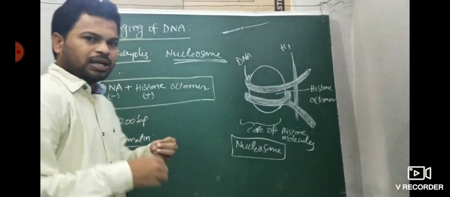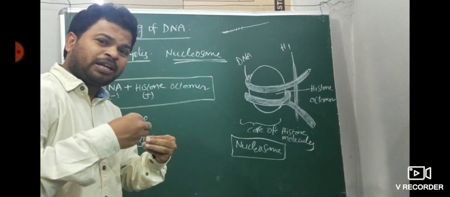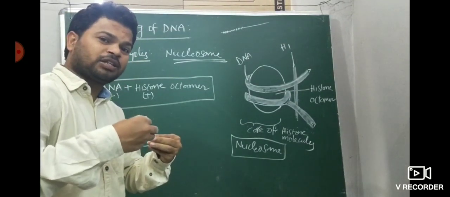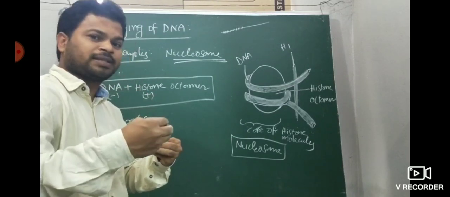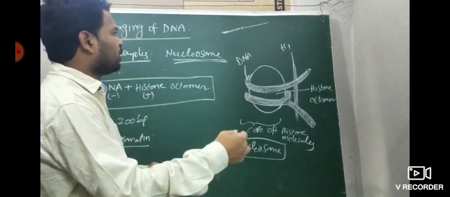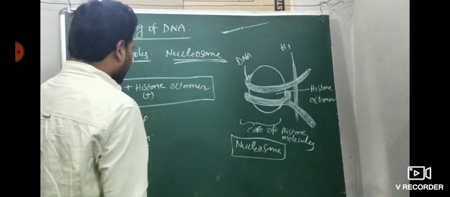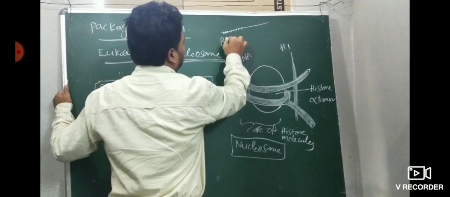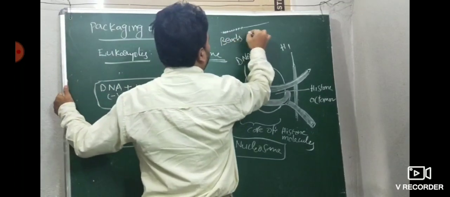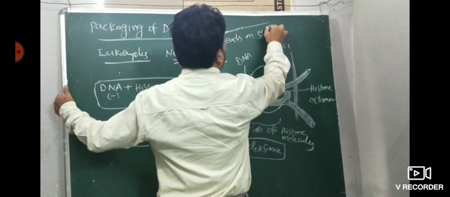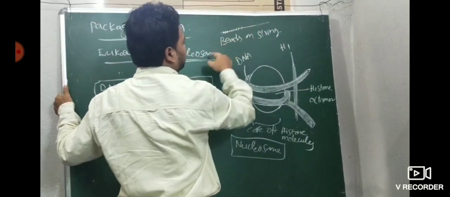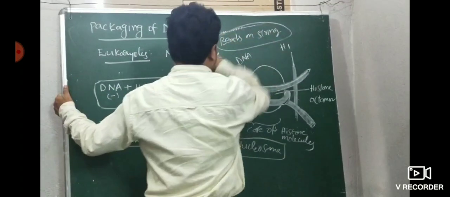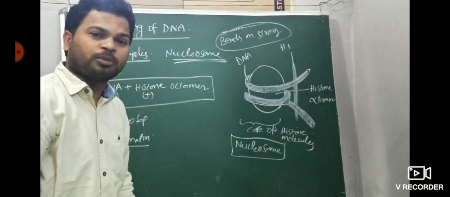Chromatin means the repeating nucleosome structures present in the nucleus. It appears as beads on a string. This is the nucleosome, and this is the chromatin thread. That is the chromatin material.